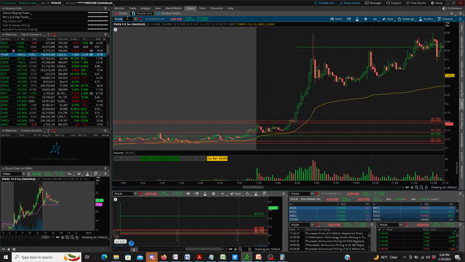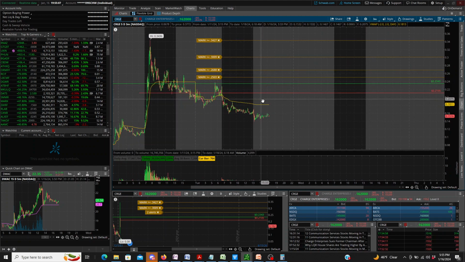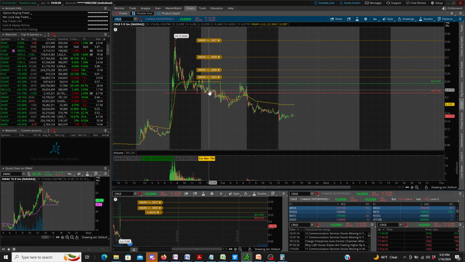I also closed this trade this morning. I had 100 shares swinging over from my green line here, which is usually where my entry is at.